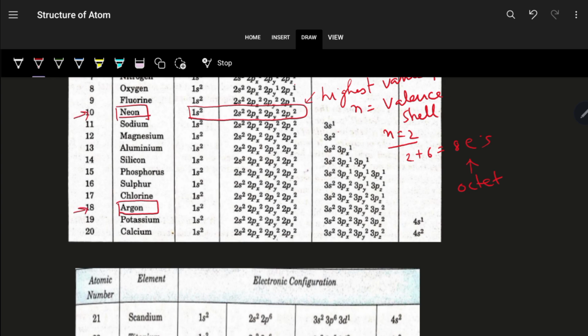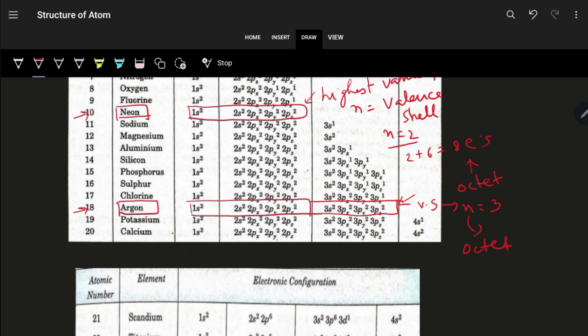Argon has 1s2, 2s2 and 2p6. 2p6 is written as 2px2, 2py2, 2pz2, and it goes to 3s, n equal to 3. So 3s2 and 3p6, so it is totally filled up. Here again the valence shell is n equal to 3, which has an octet configuration.